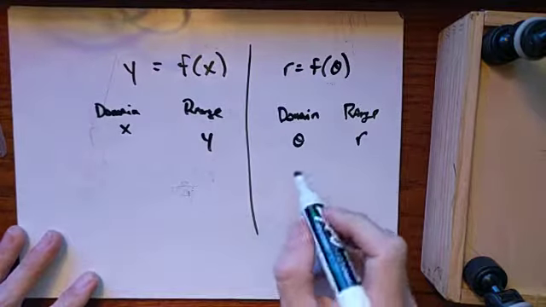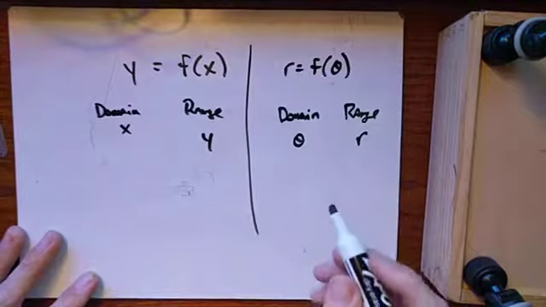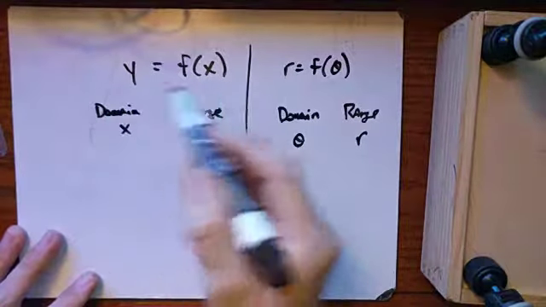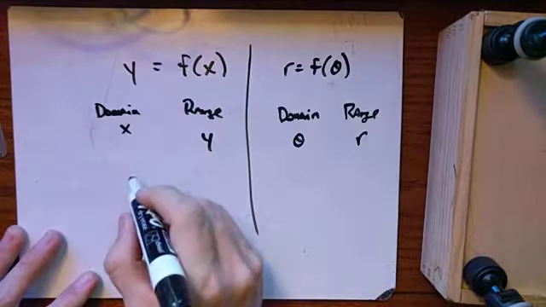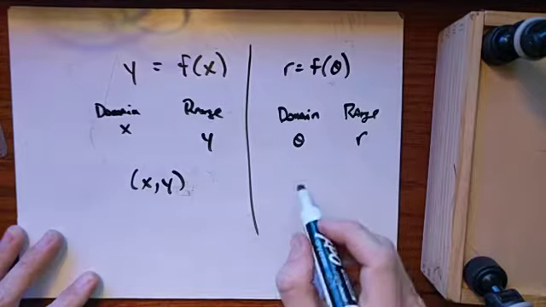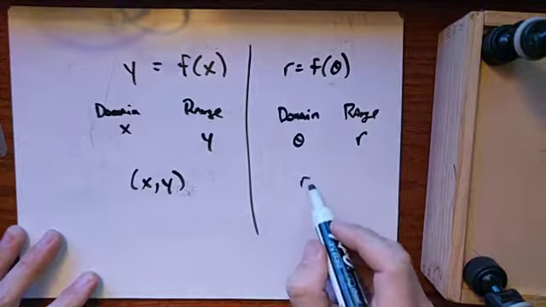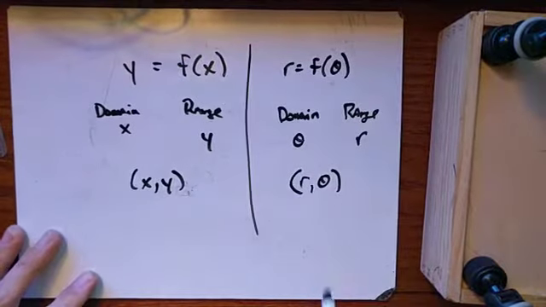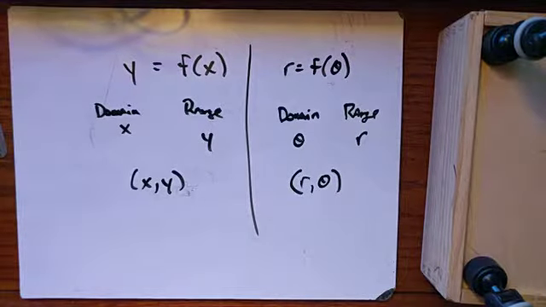So you put different angles in and you get different r values. And for rectangular equations, your ordered pairs look like this. And over here, the range variable is listed first, kind of odd, and then the domain second. So this is all sort of a review of what you've already learned about.